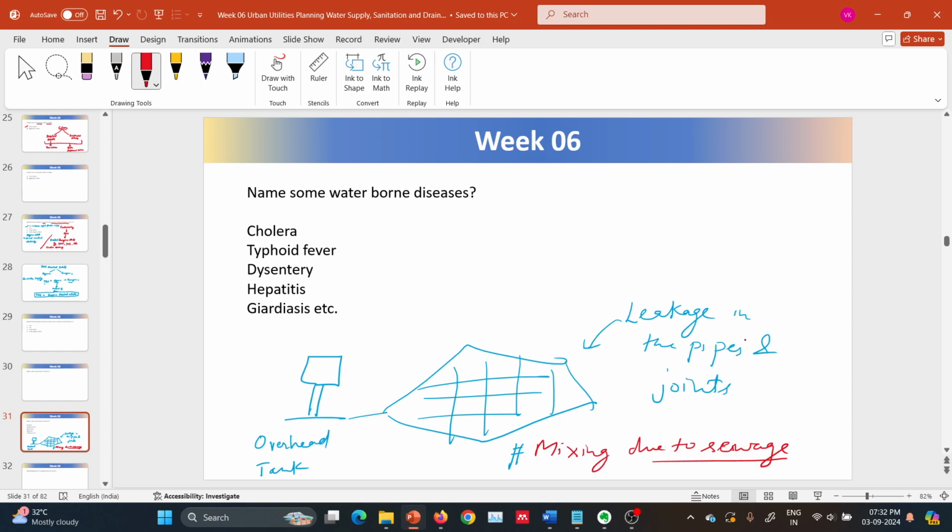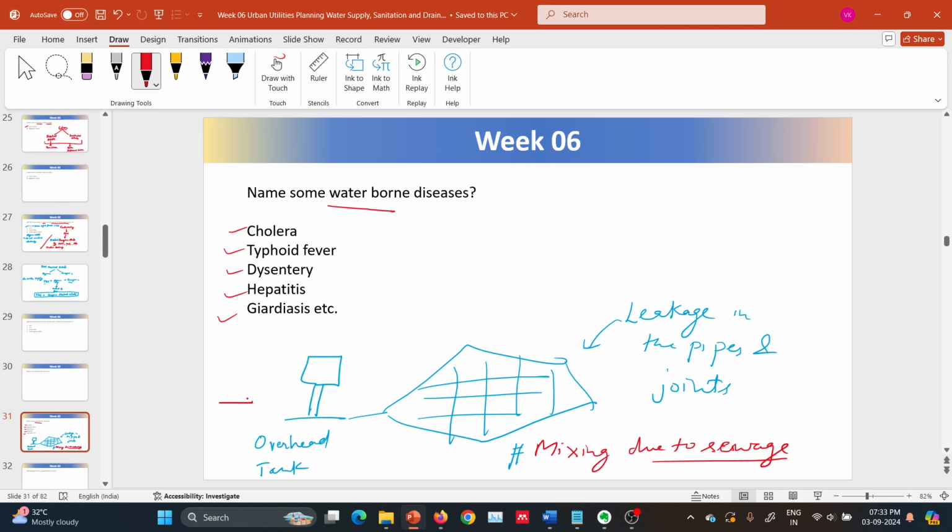That's why most of the diseases we face are mostly due to water. The waterborne diseases are cholera, typhoid fever, dysentery, hepatitis, and giardiasis, which occur if water is not disinfected properly, or even after the disinfection.